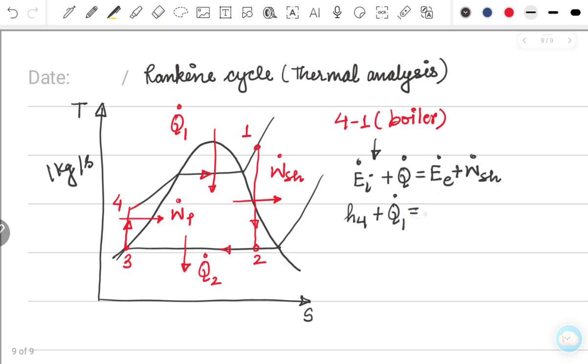Energy exiting at 1 is H1, and there is no work involved in process 4 to 1, so this is 0. Therefore heat input is nothing but the increase in enthalpy of the fluid from 4 to 1. So this is basically for the boiler.